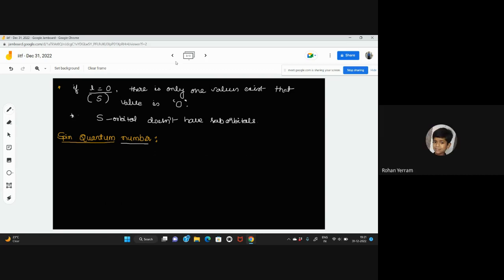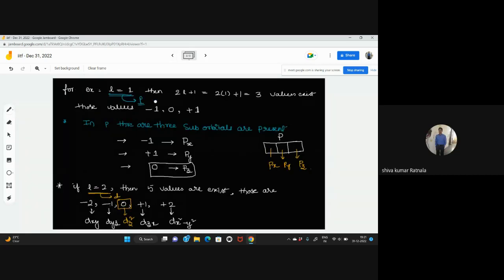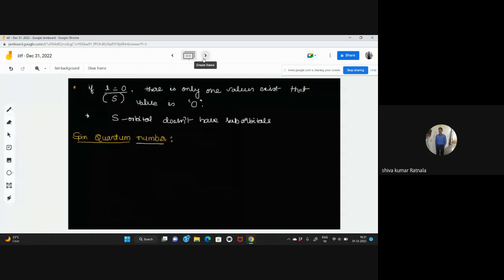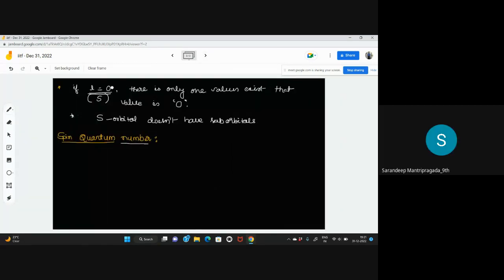Here also I have written L equal to 0, 1 means P orbital, L equal to 2 means D orbital. Sir, you did not write F orbital. In F orbitals there are a total of 7. Their orientation is not given, and it is not in our syllabus also. But just remember in F orbital we have 7 suborbitals. Sir, 7 means that L value is 3, no? Yes.